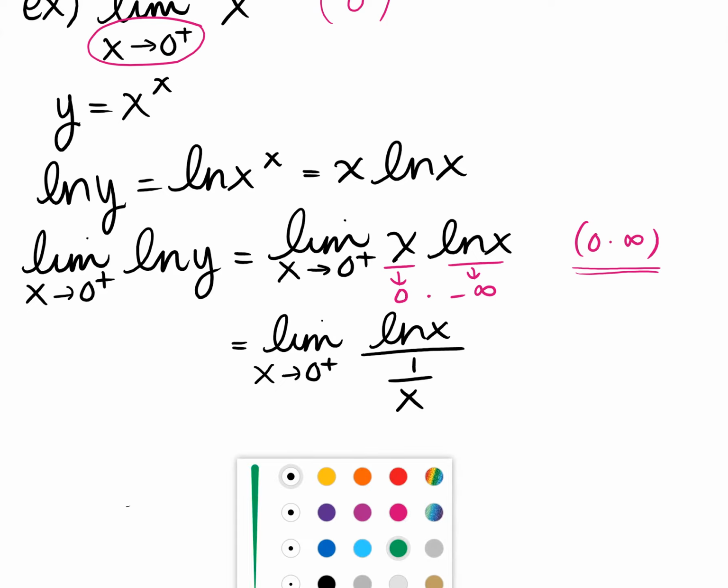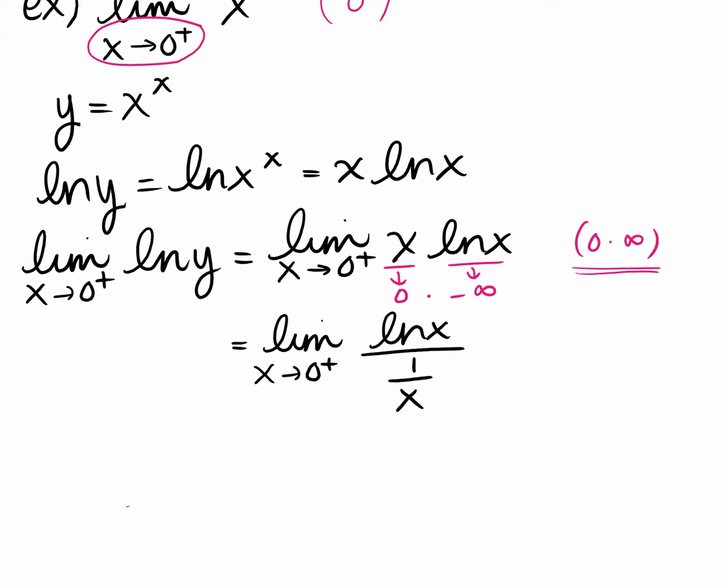So what are we going to have here then? As I go to 0 from the right, the top is going to minus infinity, right? And then 1 over 0 from the right, that guy's going to infinity. So this is really good news because I'm going to have basically infinity over infinity. Remember, you have to tell me the indeterminate form, and then you have to indicate that you're using L'Hopital's.